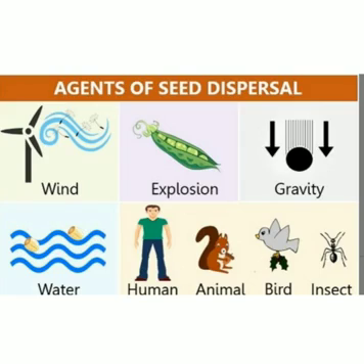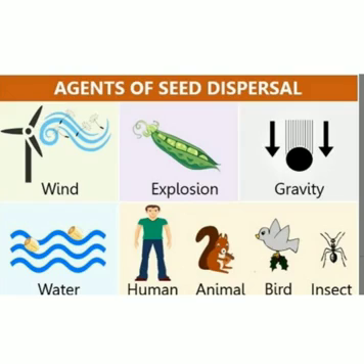Seeds from plants like dandelion are light and have feathery bristles and can be carried long distances by the wind. Some plants like maple trees have winged seeds. These are some examples of dispersal by wind. Understand?